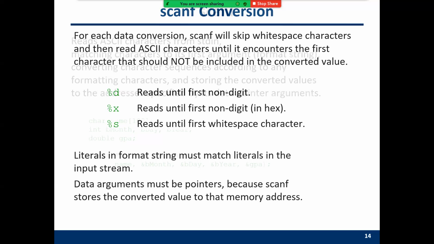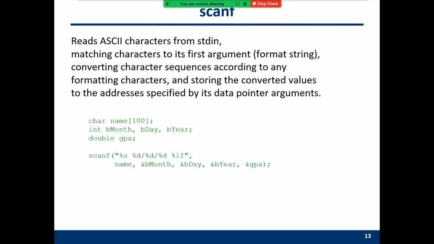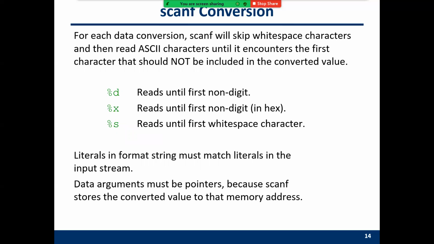Why do you have to make sure the variable type matches this symbol? Because the scanf will automatically convert the data received from the keyboard to the data type. If you specify a wrong data type, then you will have a wrong result.